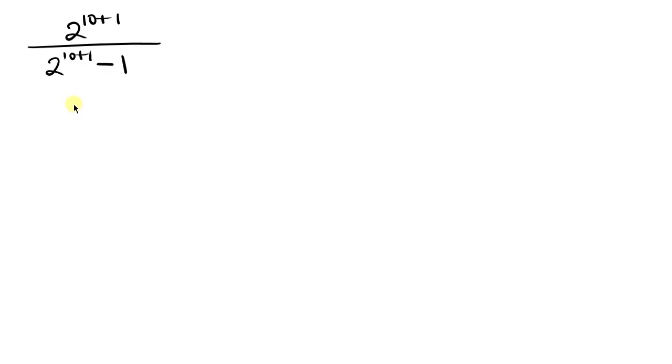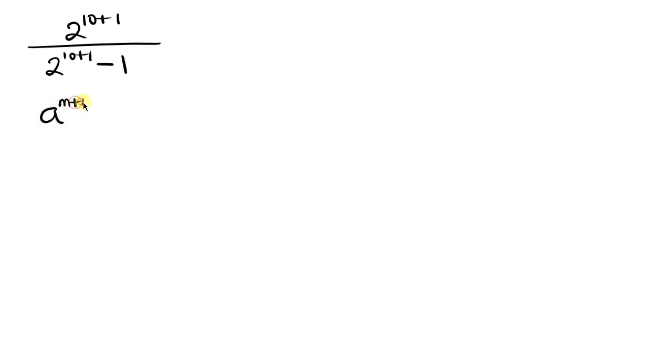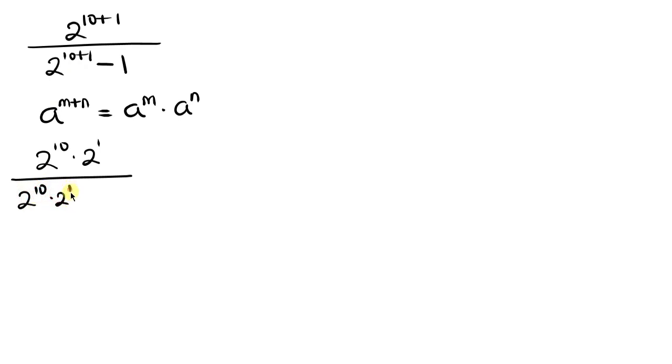The property of indices that we're going to be applying is, for example, when I have a^(m+n), this is equal to a^m times a^n. So let's apply that here and here. So this can be written as 2^10 times 2^1 all over, the same thing here, 2^10 times 2^1 minus 1.